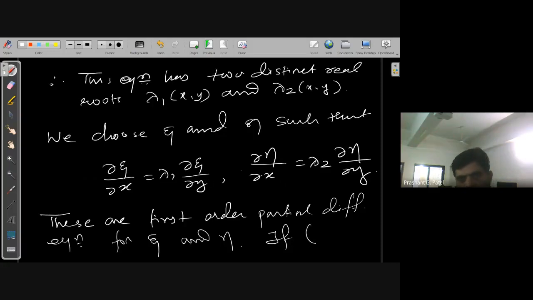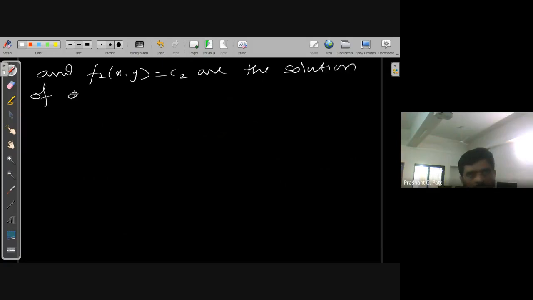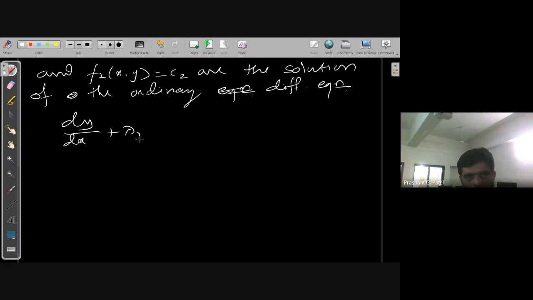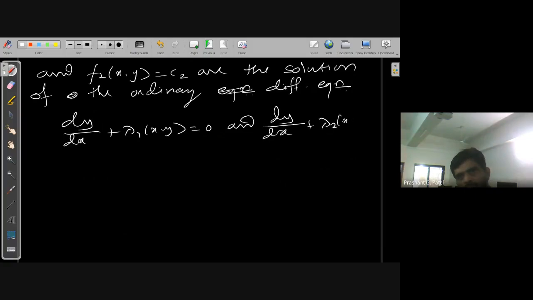Let's say f1 xy is equal to c1 and f2 xy is equal to c2 are the solutions of the ordinary differential equations, that is dy by dx plus lambda 1 of xy equal to 0 and dy by dx plus lambda 2 of xy equal to 0 respectively.